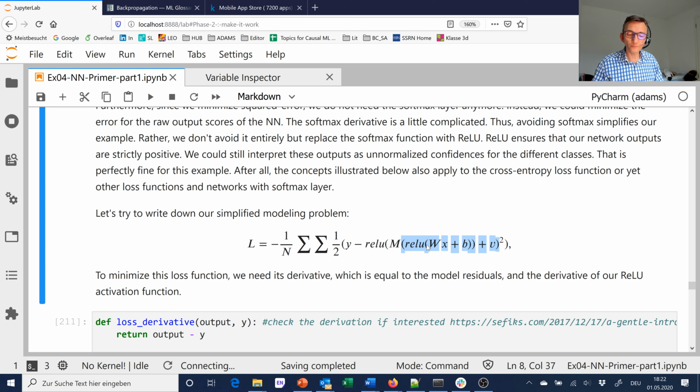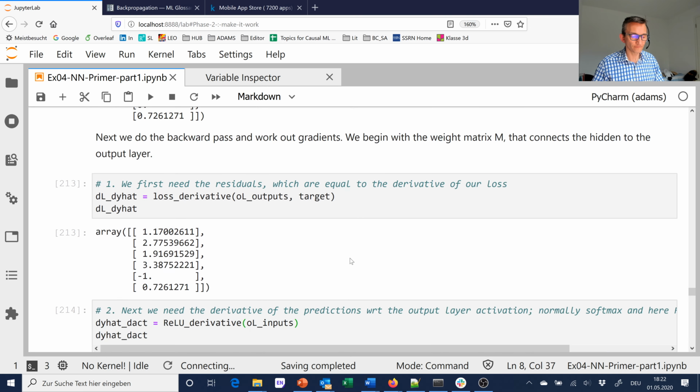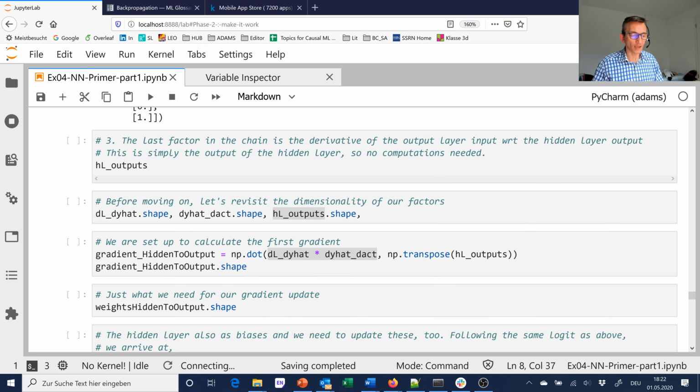That bit here is the hidden layer output, and we multiply it with our weight matrix M. And since we seek the gradient of the loss with regard to M, the next factor is just the hidden layer output. I'm just restating the variable here, not doing any calculations.